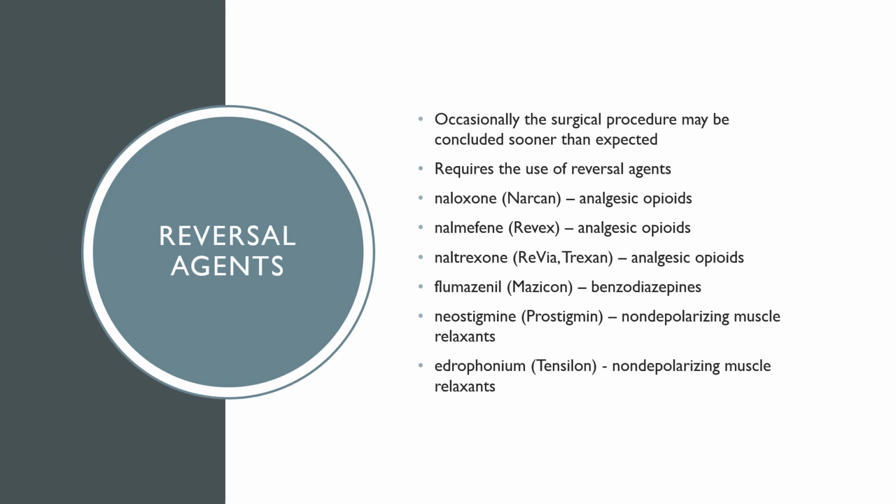Flumazenil, or Romazicon, is our reversal agent for our benzos. Neostigmine, as we just talked about, is our non-depolarizing muscle relaxant reversal agent. And then we have edrophonium, which is also another non-depolarizing muscle relaxant reversal agent. The most common ones from this list that we will hear most often in surgery are the naloxone, or Narcan, and neostigmine. Those are the most commonly used.